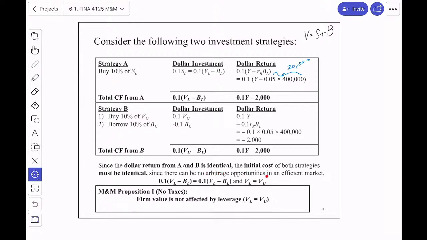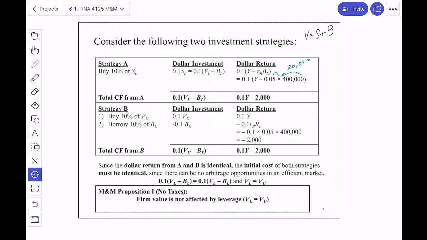We always talk about fair price. Well, in that same spirit, the initial cost of both strategies must be identical. If these are identical, then you can see algebraically the value of the firms must be identical.